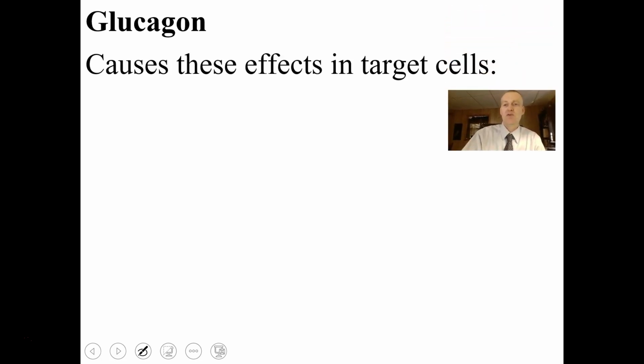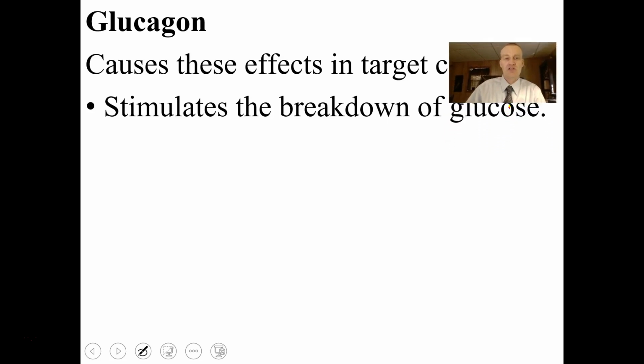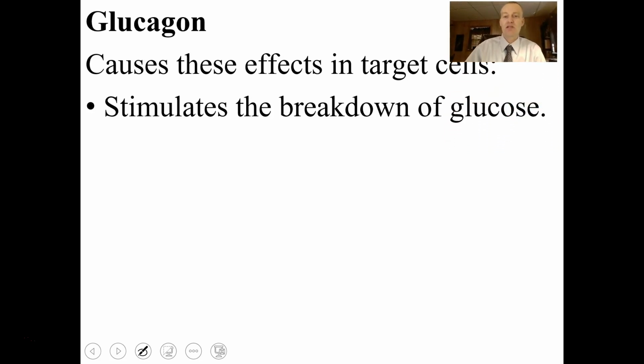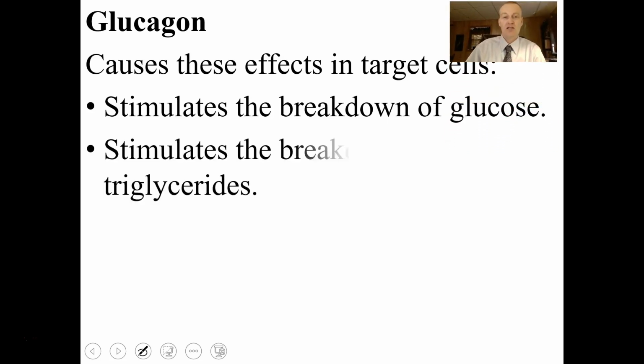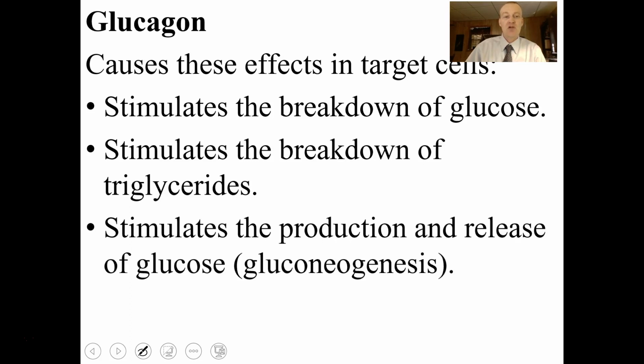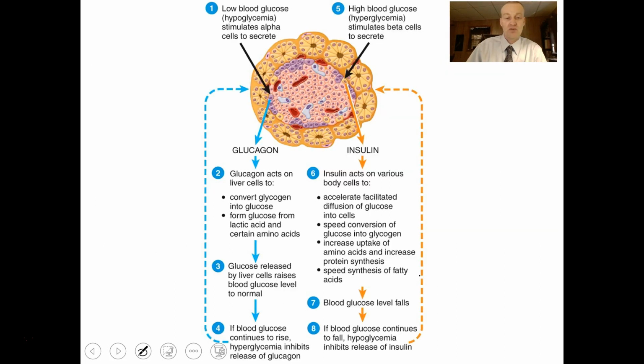Glucagon is going to have some antagonistic effects. It's going to stimulate the breakdown of glucose and glycogen. So it stimulates the breakdown of the triglycerides. It will stimulate the production and release of glucose in what we call gluconeogenesis. That's a process that is going to produce and release glucose from the body.